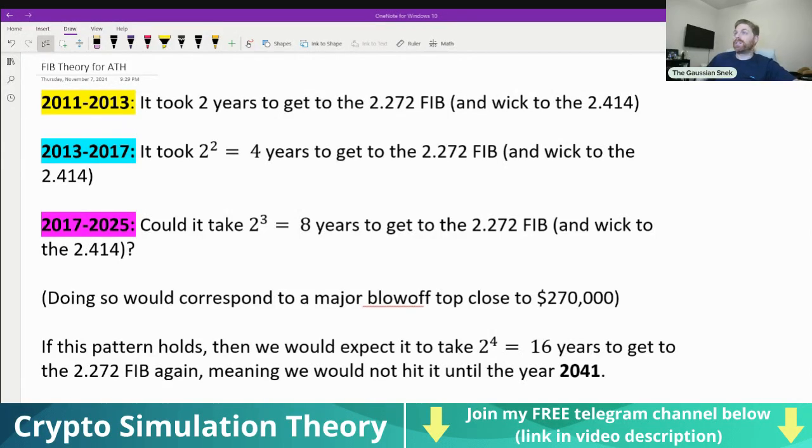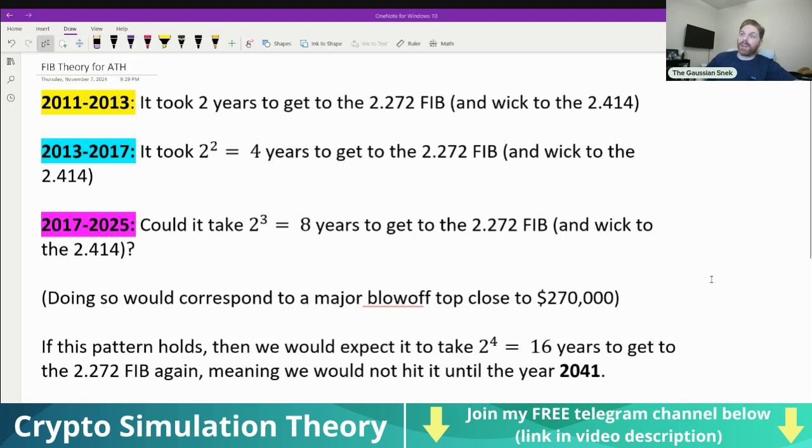Again, from 2011 to 2013, we made it to the 2.272 fib and wick to the 2.414. And it took double that amount of time, or 2 squared, 4 years from 2013 to 2017. Remember, 2013 had a double top. Technically it did, from the end of 2013, because that's where the top was.